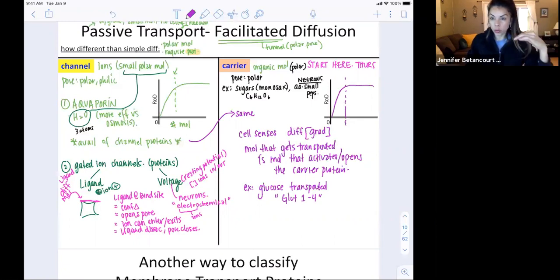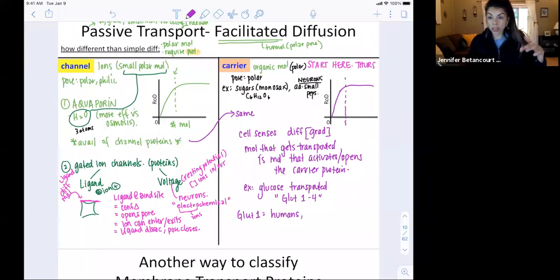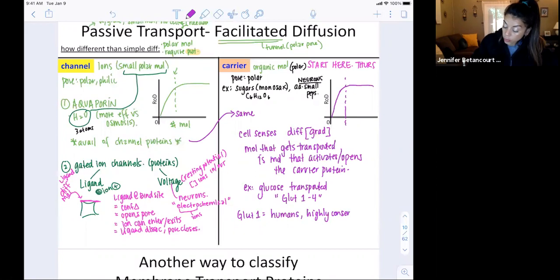And so different GLUT carrier proteins are on the surfaces of different types of cells. Why, I don't know. But here's what I do know is that GLUT1 is expressed very commonly on the surface of human cells, and we can even trace it back to evolutionarily older organisms. So we say that it is highly conserved over time, or it has been highly conserved.